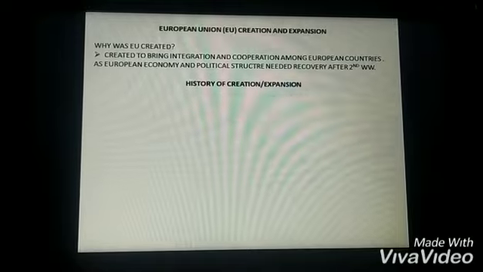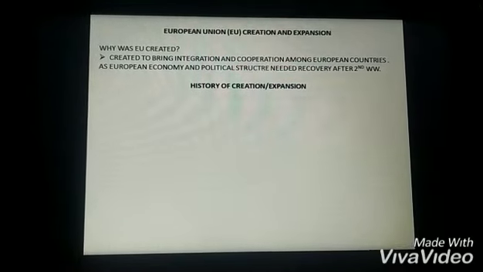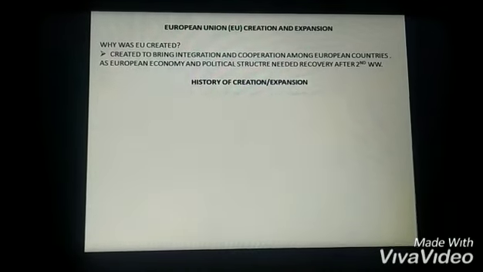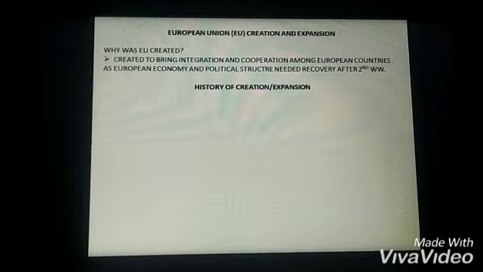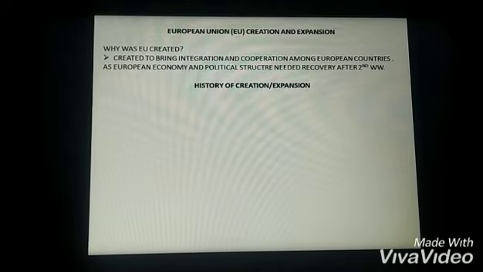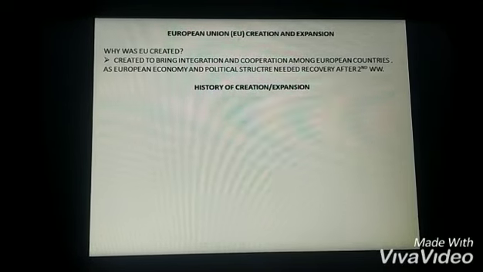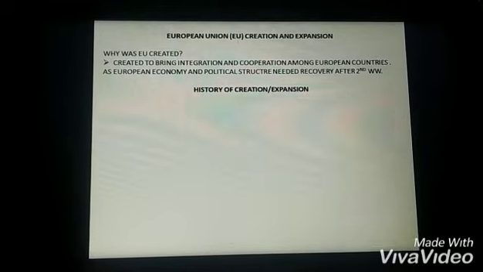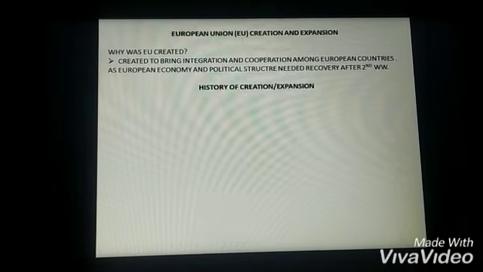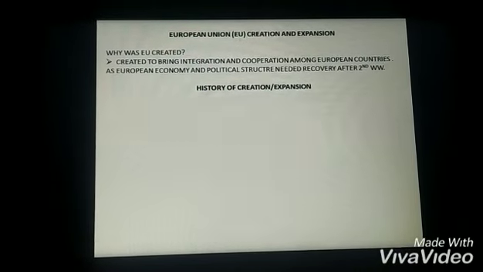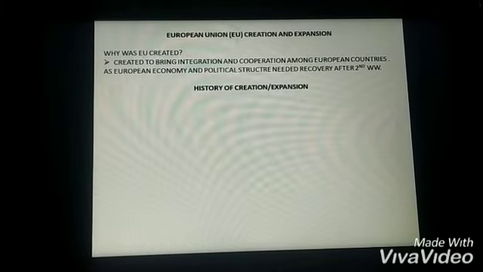Okay, now the history of its creation and expansion. Let's see how this European Union came into being. We should keep in mind that this European Union did not come up in just one step. It has gone through various evolutions when it was created.